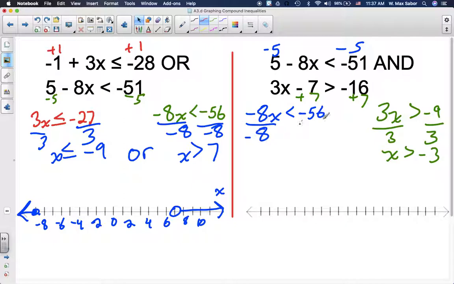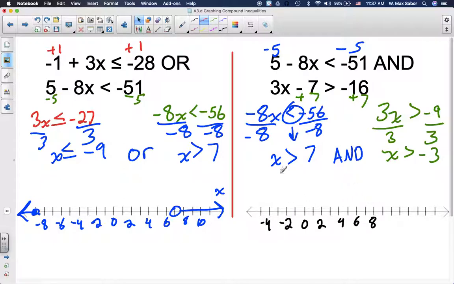Divide by negative 8, flipping the inequality, to get x is greater than 7 and greater than negative 3. So we have x is greater than 7. So let's go with 0, 2, 4, 6, 8, negative 2, negative 4. X is greater than 7 would be from here to the right, and from here to the right.